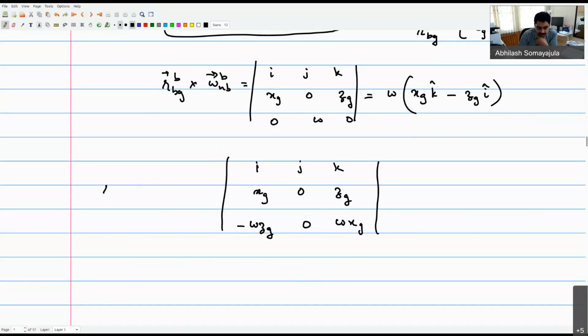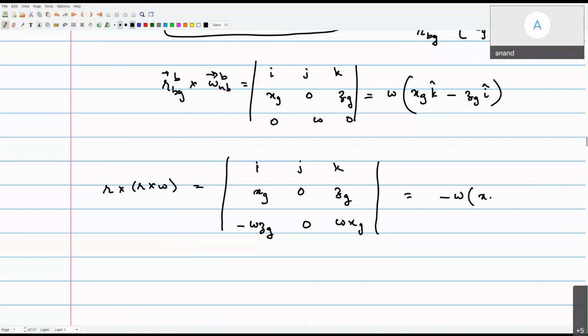Right? So this is R cross omega. What will this be? Minus j times omega xg square plus omega zg square, times j.